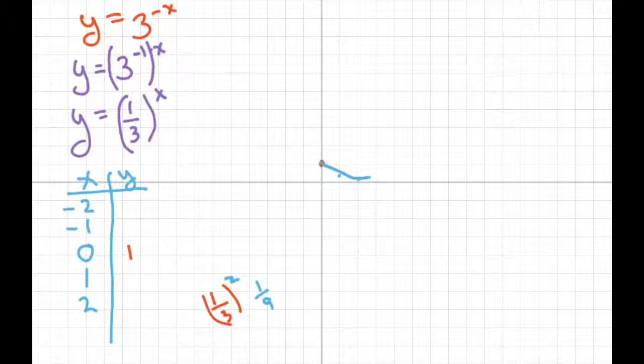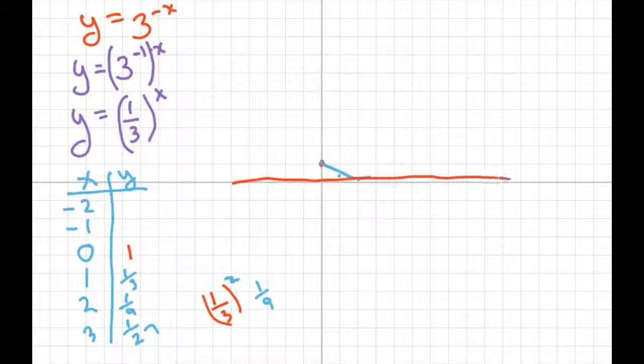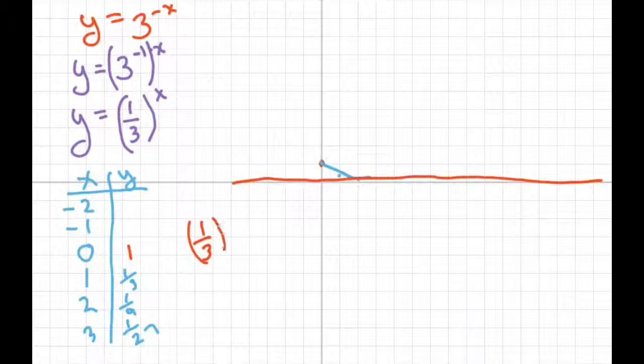Now, so we had 1 goes to 1/3, 2 goes to 1/9, 3 would go to 1 over 27. It will never go below this line here. So let's try the negative 1. So if we have negative 1, we have 1/3 to the negative 1.